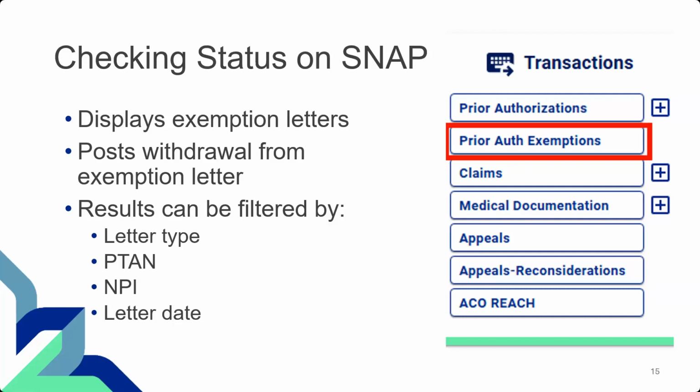The portal will display both exemption and withdrawal from exemption letters. The results can be filtered by letter type, PTAN, MPI, and letter date. This function was also covered in my January webinar if you'd like to have more information on that.